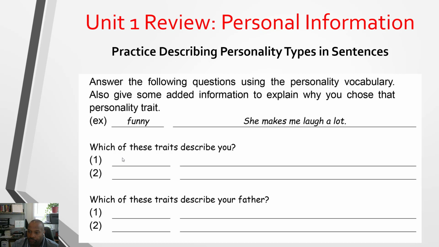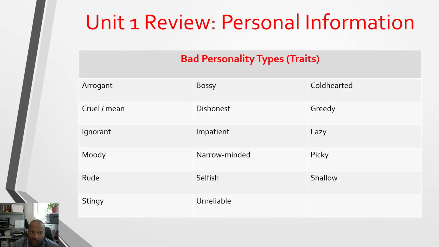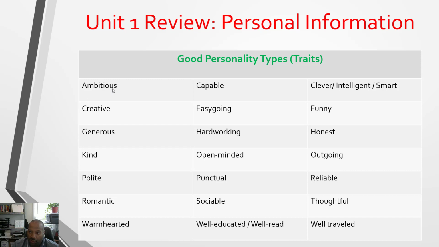All right? So the next question is, which of these traits describe you? So take some time. Let's pause the video. Take some time and write down which of these traits, which of these personality types describes you. And then give us an example. All right? Write it in full sentence. It might be something like ambitious, right? Might be hardworking. Might be reliable.